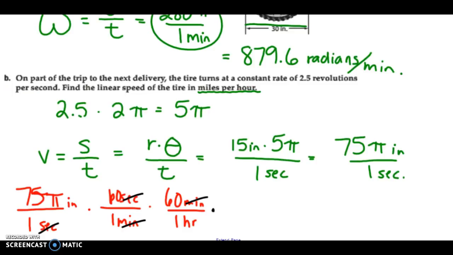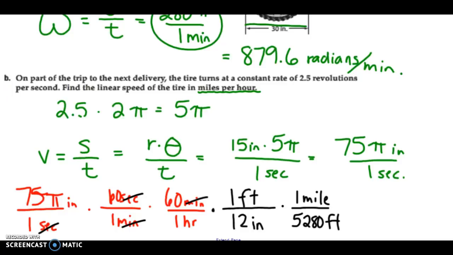Now we need to change inches into miles. So in 1 foot, there is 12 inches. In 1 mile, there is 5,280 feet. Again, I'll stop for a second so we can see what's happening.